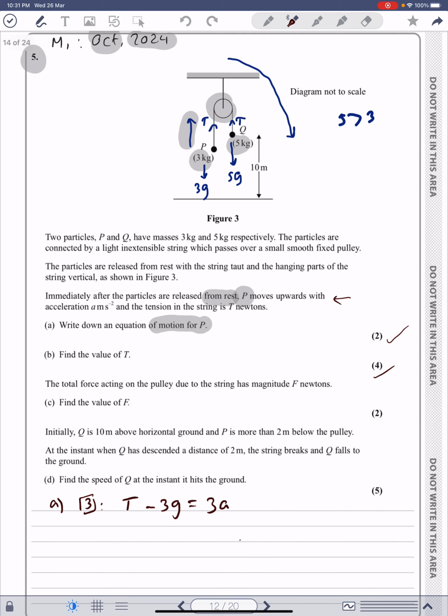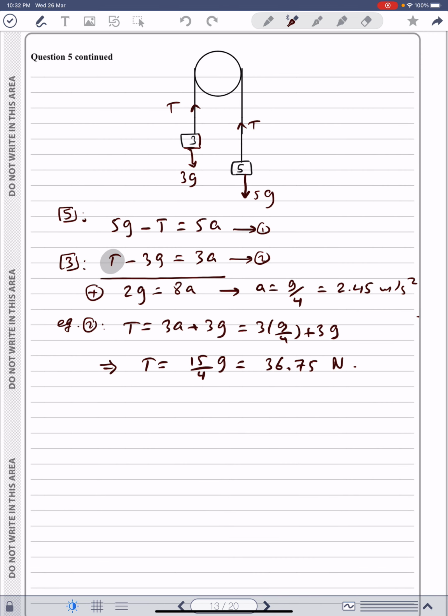For part C, the total force acting on the pulley due to the string of magnitude F newtons. So he wants the force on the pulley, or exerted on the pulley, which has a formula, dear students.